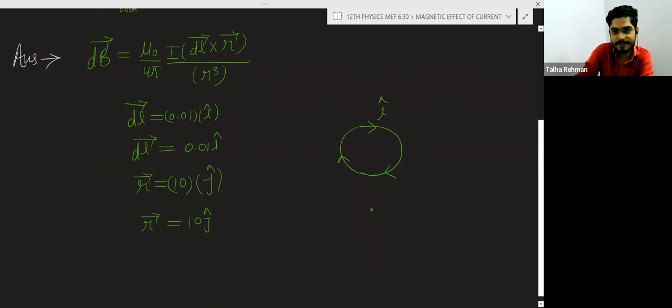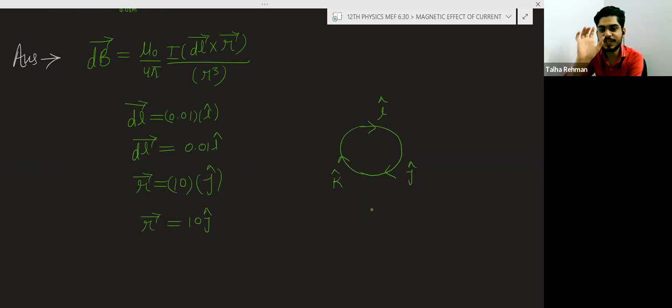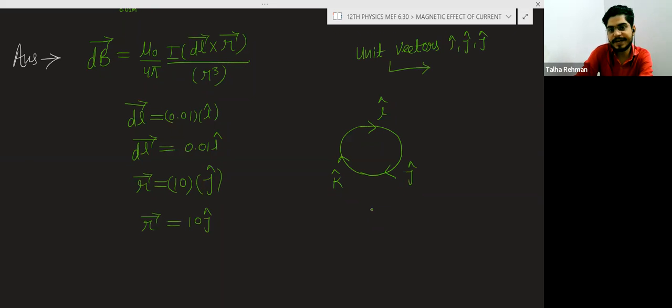This is suppose I vector, this is suppose J vector, this is suppose K vector. And remember this, these are the unit vectors. Unit vectors, I vector, J vector, and K vector, are used for identifying the direction.